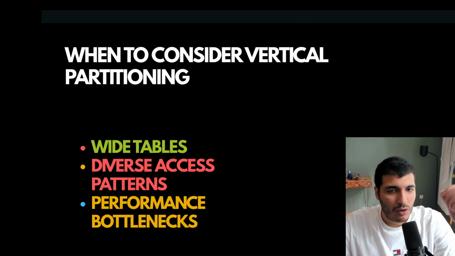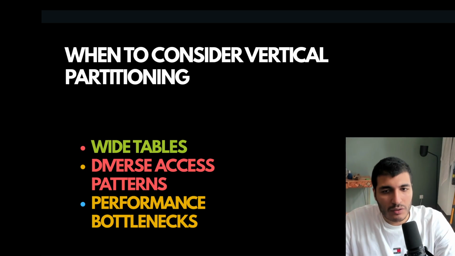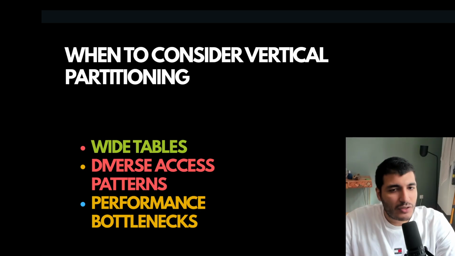when to consider vertical partitioning. First, if you have wide tables, the most obvious sign is when you have a single table with a very large number of columns, especially if not all of these columns are consistently used in every query. Number two, diverse access patterns.